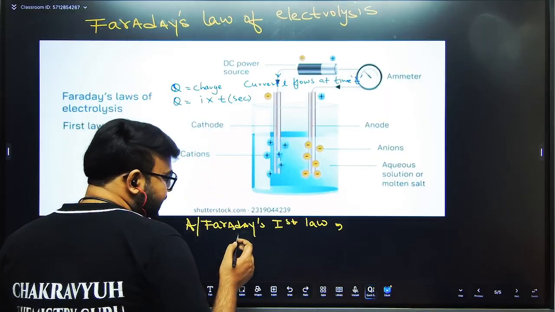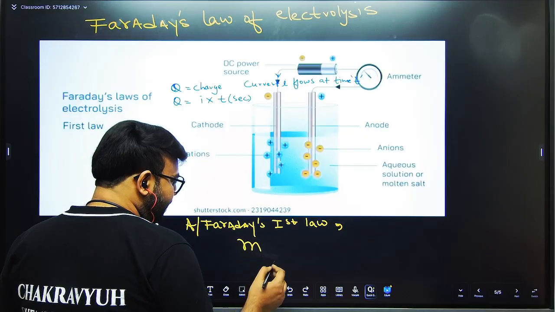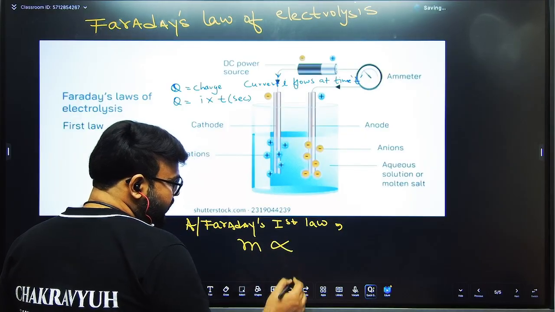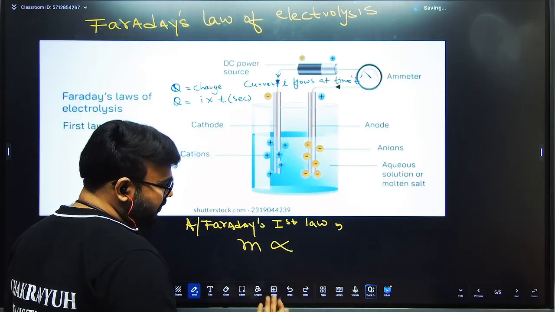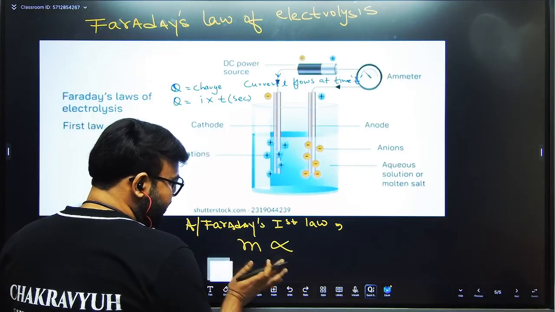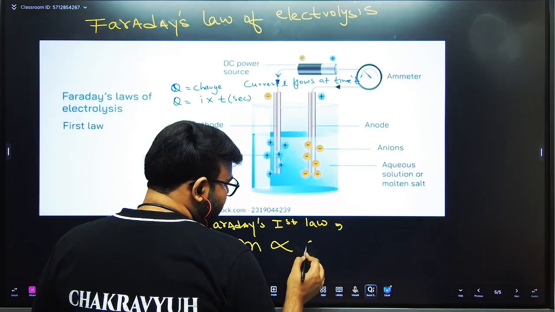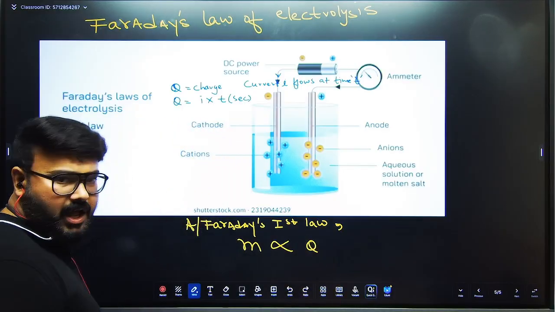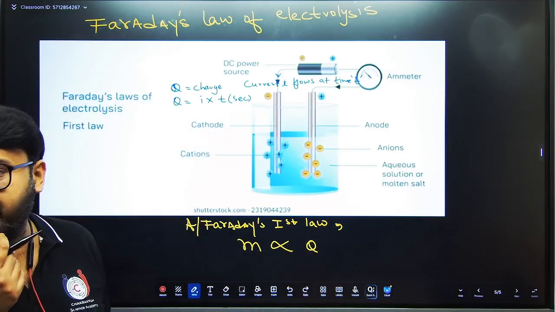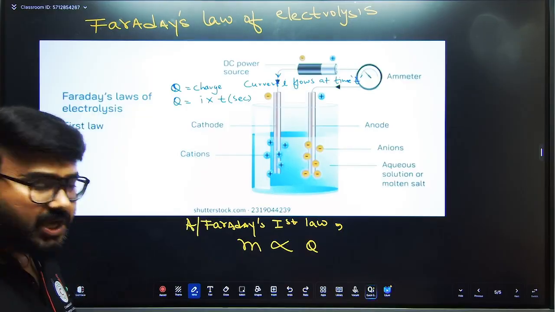In simple words, Faraday's law says the mass deposited or liberated, M, is directly proportional to the charge.